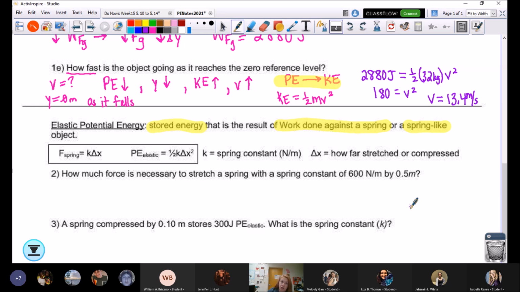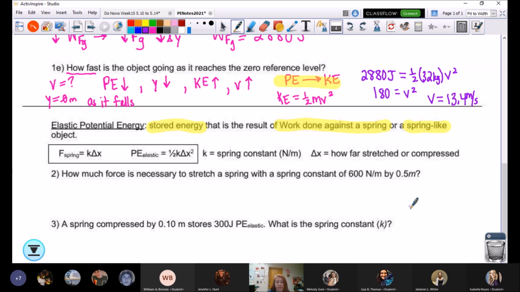You have bungee cords, you have rubber bands, you have an elastic waistband, you have all kinds of objects that fall into this category. Remember that in order for it to be elastic, once it's stretched or compressed and you let go, it goes back to its resting state and looks the same as it did before.